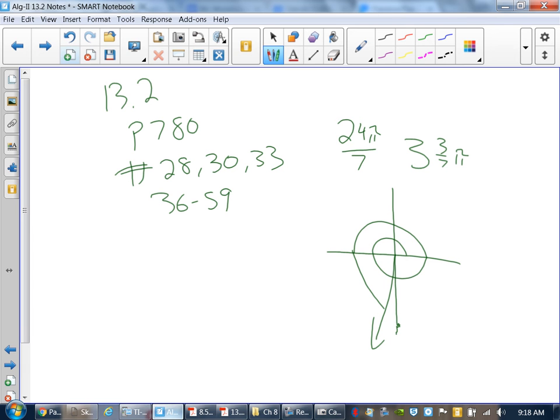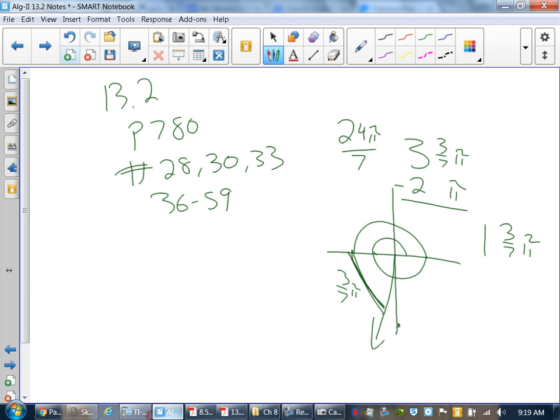Counting back and forth, we went 1, 2, 3. How far did I go off of that x-axis? 3/7 pi. Since I've already gone around one full time, I need to subtract 2 pi. If I take 3 and 3/7 and subtract 2, what do you get? 1 and 3/7. So your first coterminal is 1 and 3/7 pi.